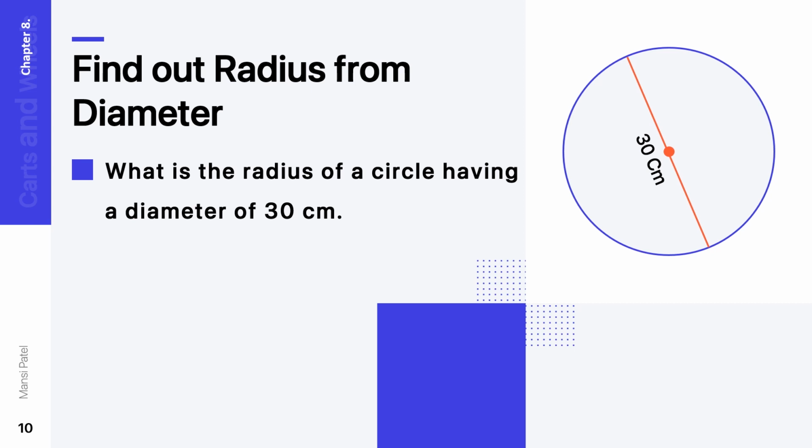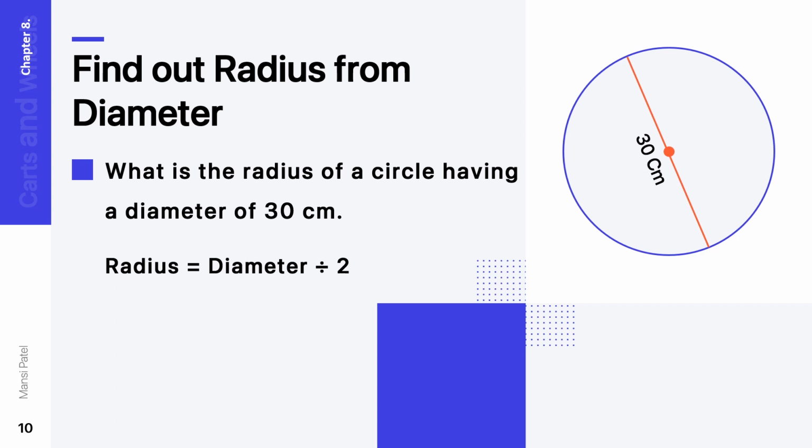If we want to find out the radius of the circle, then the formula is that the radius is equal to diameter divided by 2. If you want to find out the diameter, then you double the radius. And if you want to find out the radius, then what do you have to do? You just have to take half of the diameter.